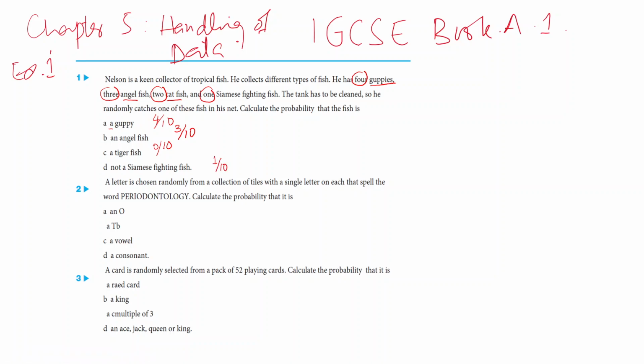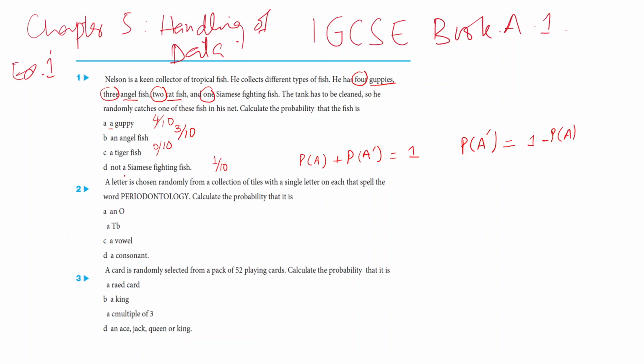So not a Siamese fish will be 1 minus 1 over 10. Just like the probability of an event A plus the probability of event A not happening should be equal to 1. In other words, the probability of an event not happening is 1 minus the probability of that event happening.